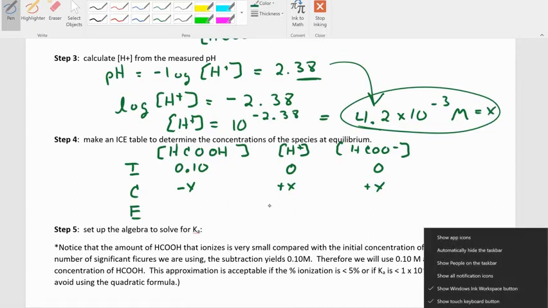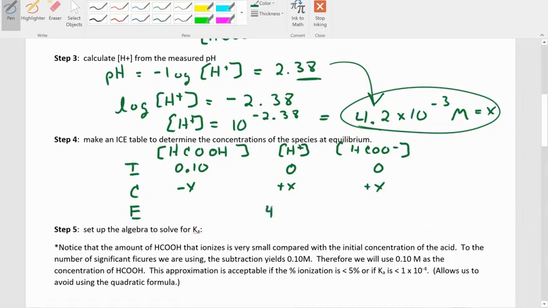So this is going to become 4.2 times 10 to the negative third for H plus and for formate. And then our acid is going to be 0.10 minus x, which is minus 4.2 times 10 to the negative third.